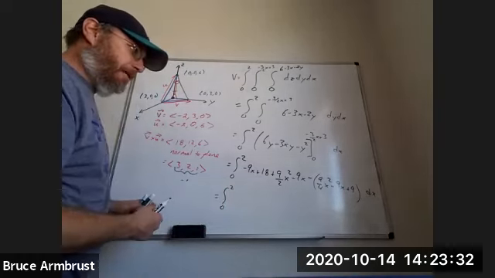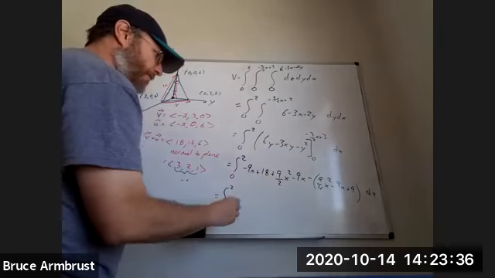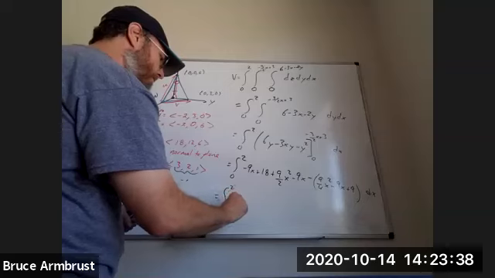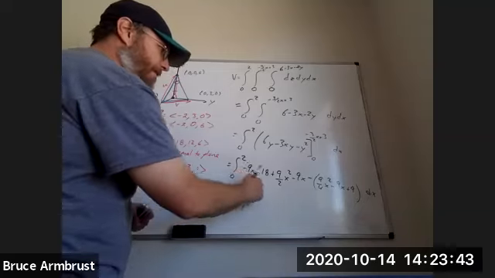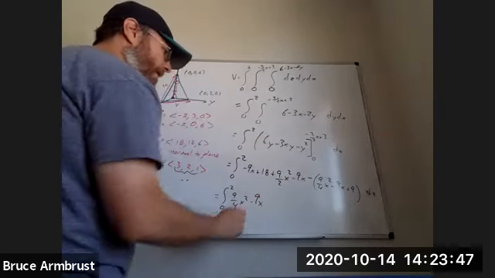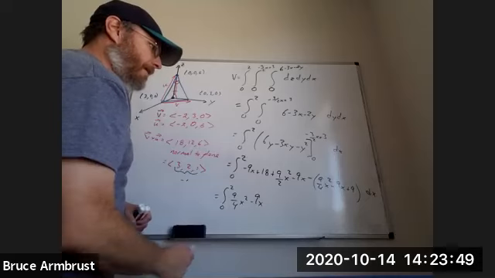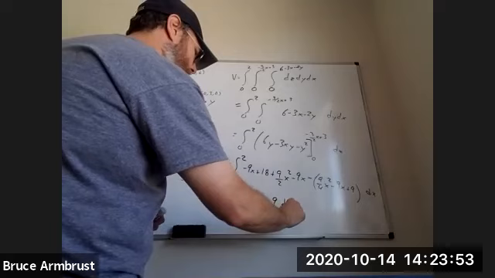For x squared, I've got 9/2 minus 9/4, so that's 9/4 x squared. For x, minus 9x plus 9x leaves me a minus 9x. And for constants, I've got 18 minus 9, which is minus 9.